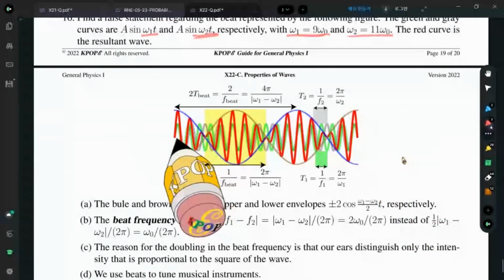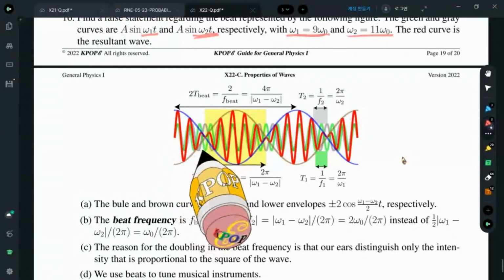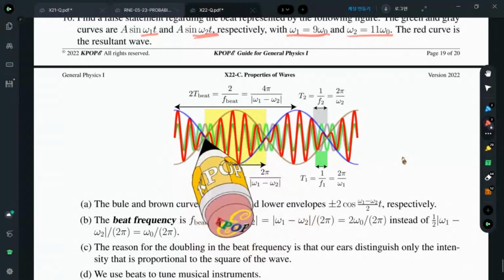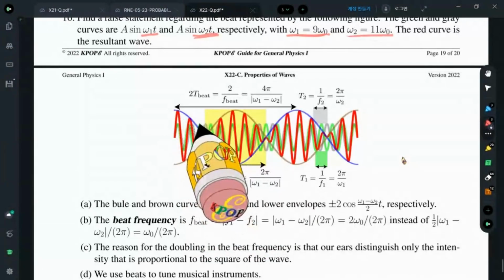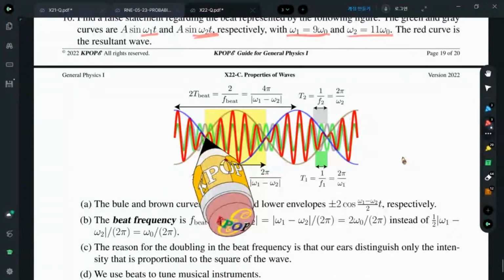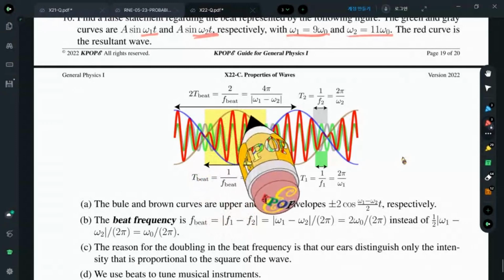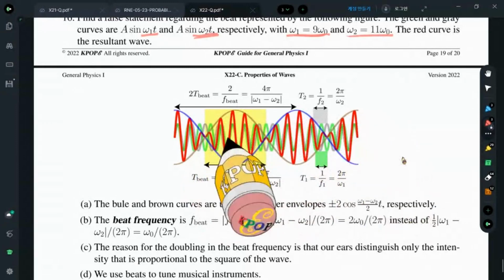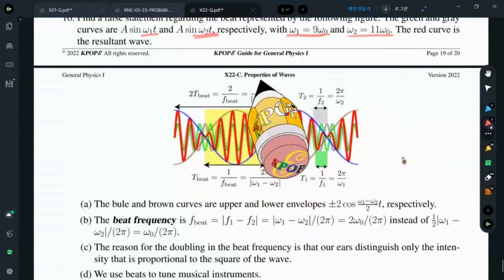And the red one is the resultant wave. You can see the amplitude is shrinking and enlarging. So up and down, up and down, up and down. This is called the beat.